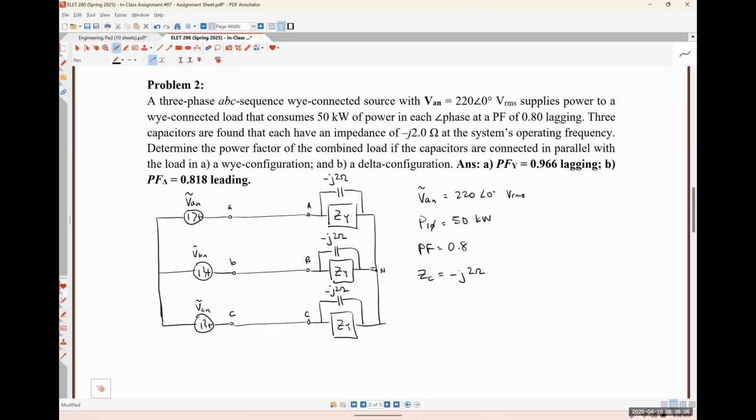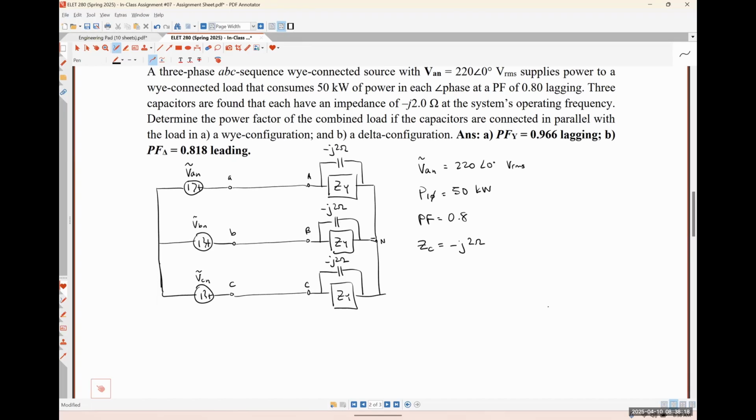ZC less so, but VAN absolutely. Okay. It's going to be hard for me to draw it on here, so I'll do it on the C phase because there's more room. But what do you think this voltage VCN is going to be? What I'm trying to get at here is that because we don't have any transmission line impedance, there's no ZW.